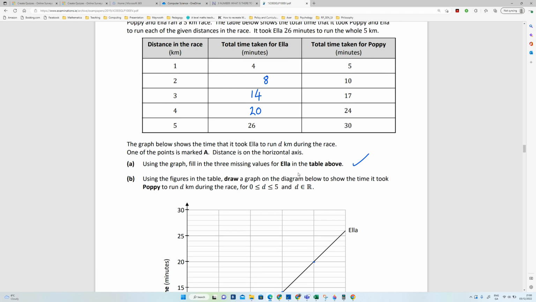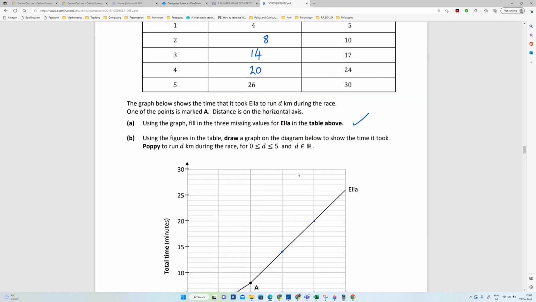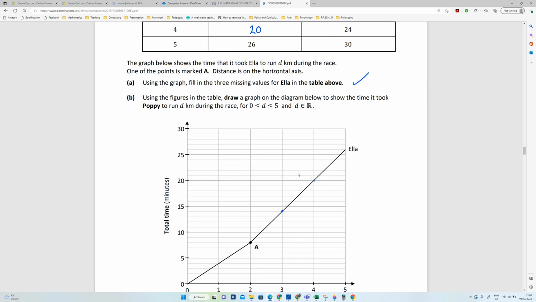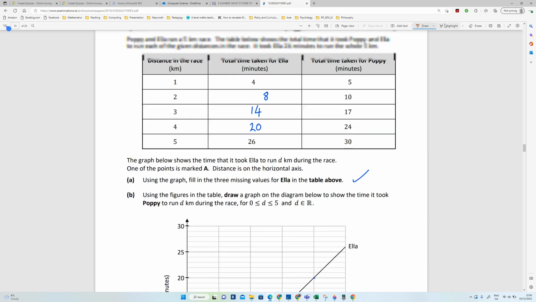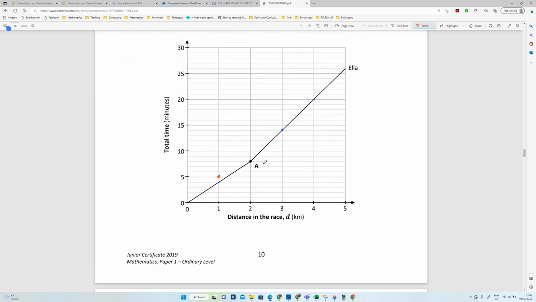Using the figures in the table, draw a graph on the diagram below to show the time it took Poppy to run D. We just need to draw the other one for Poppy. So Poppy was here. I'll do this in orange. That's the first point for Poppy. What was her second point? So 5, 10, 17.